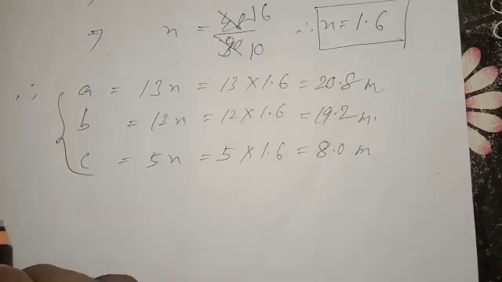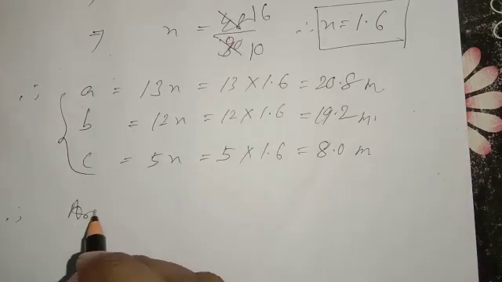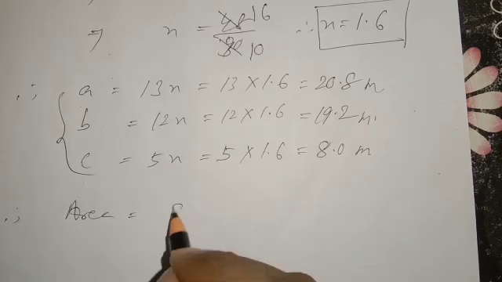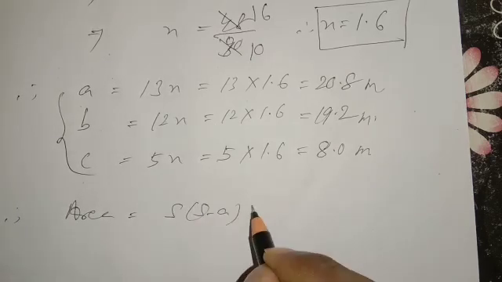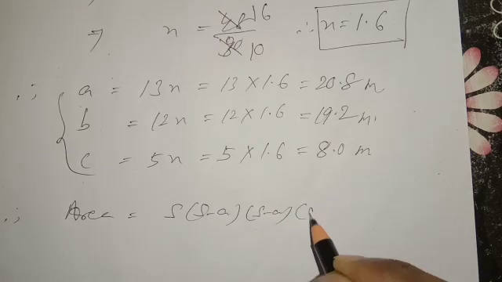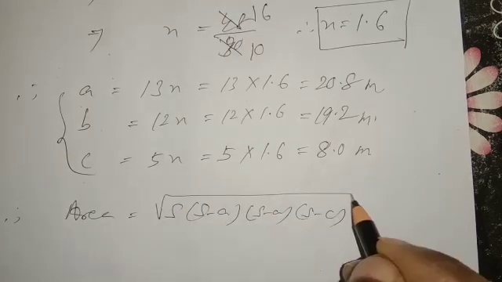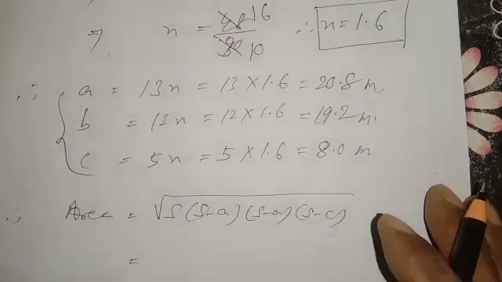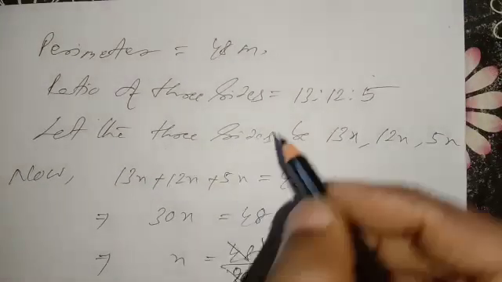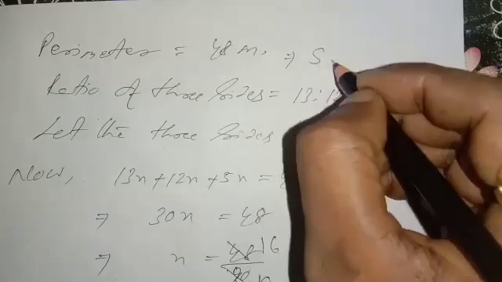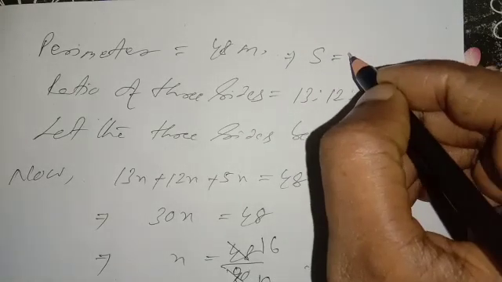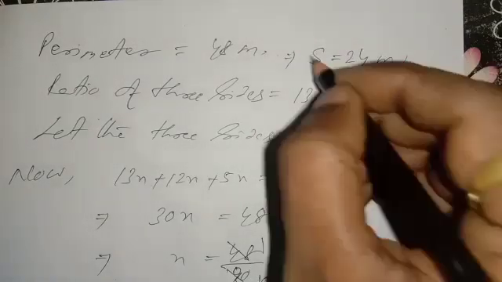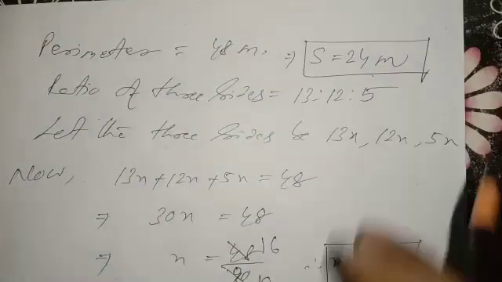Okay. By using Heron's formula, the area of the triangle formula is what? Root of S into S minus A, S minus B, S minus C. S means semi-perimeter. Here the perimeter of the triangle is given as 48 meters. So S will be the semi-perimeter, half of 48, that is 24 meters.